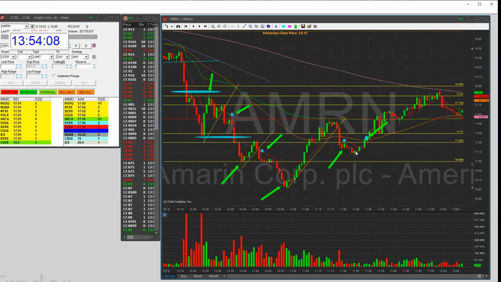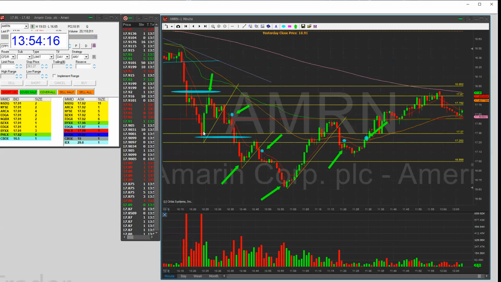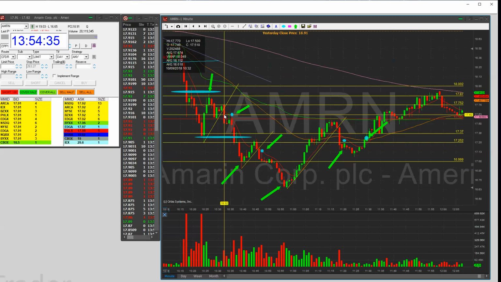So to do a quick review of what we learned here: if you miss this big move and the stock starts retracing in a consolidation, you have to map out a horizontal resistance first. You have to be able to see this, and then you also have to see a consolidation uptrend snap, okay, with volume.